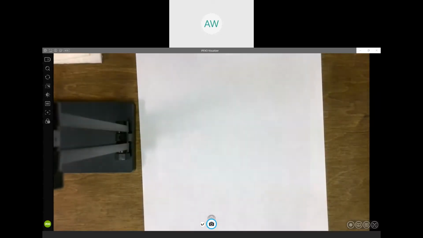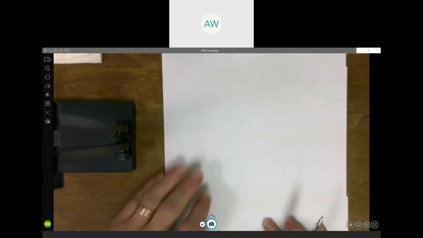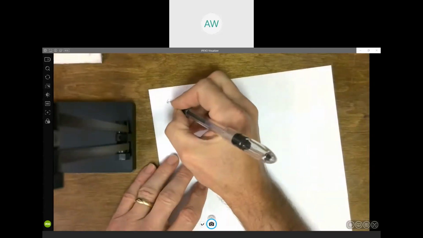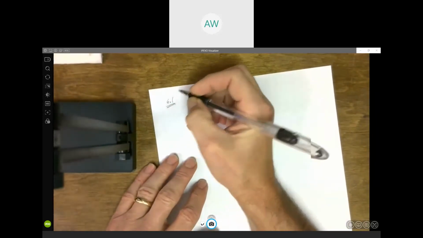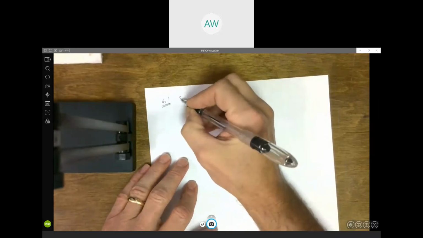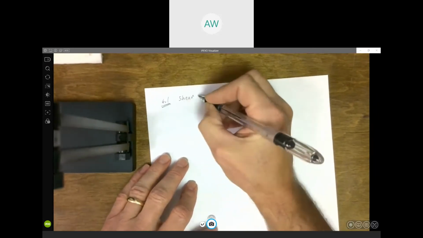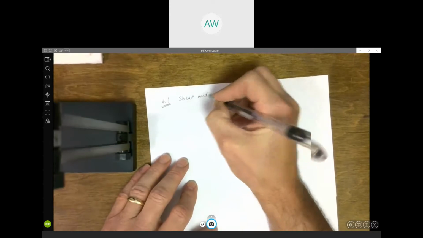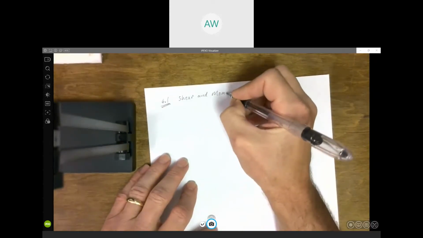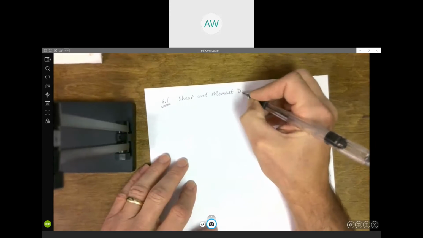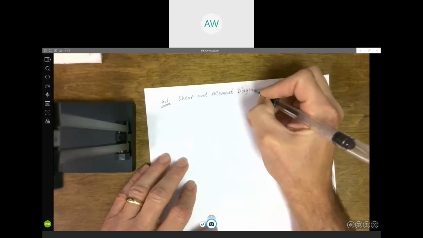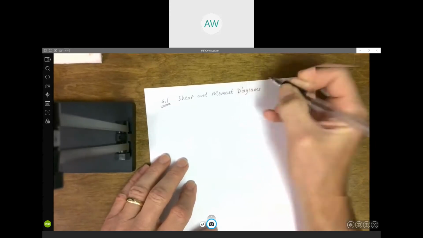But for now, when we move to chapter 6, the first thing we've got to talk about are what we call shear moment diagrams.